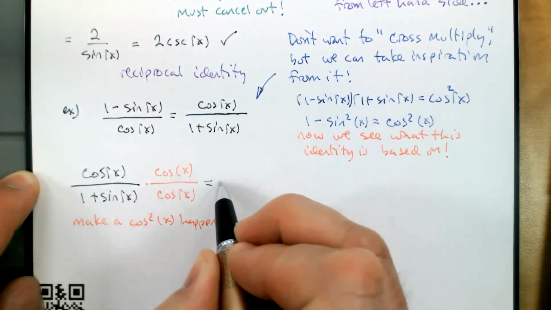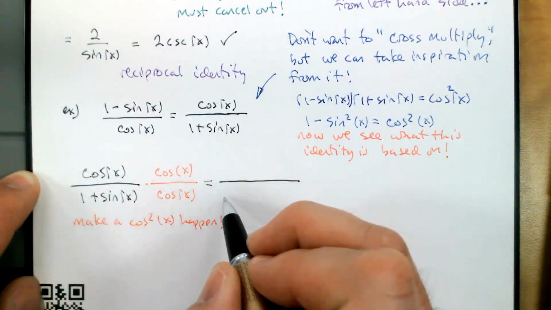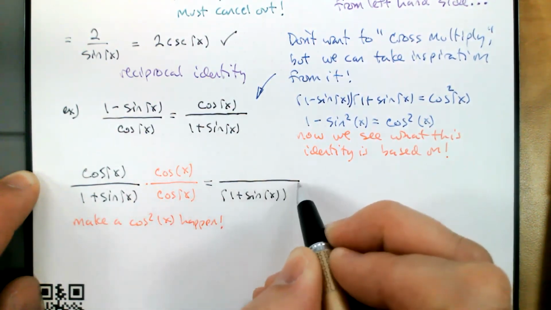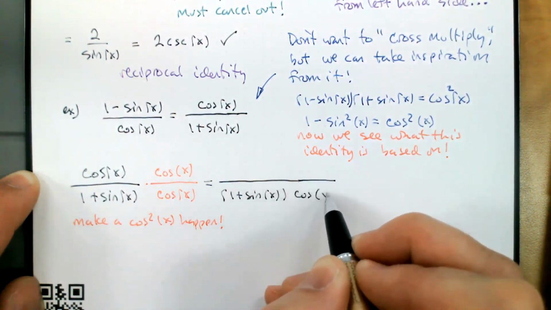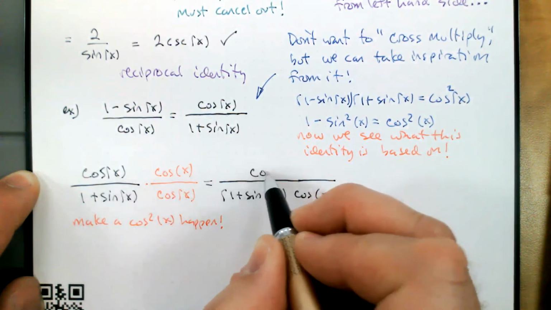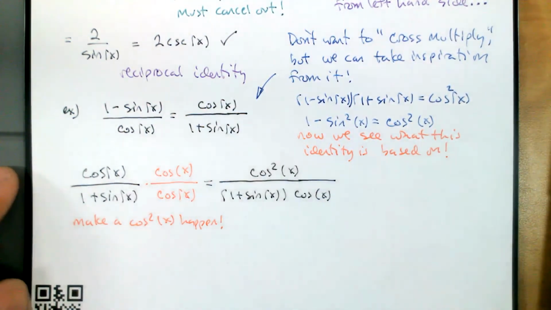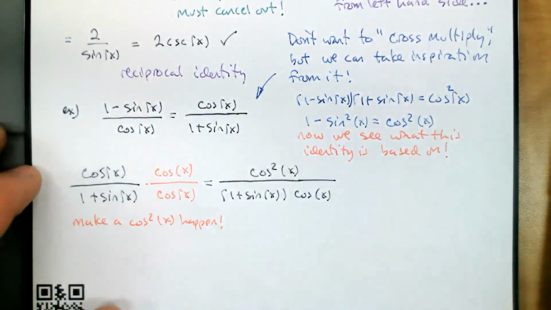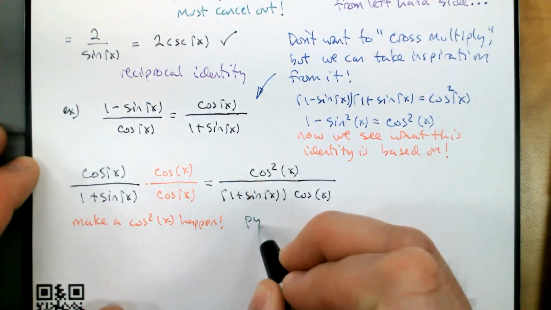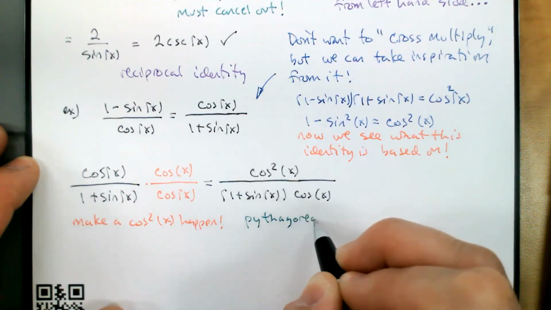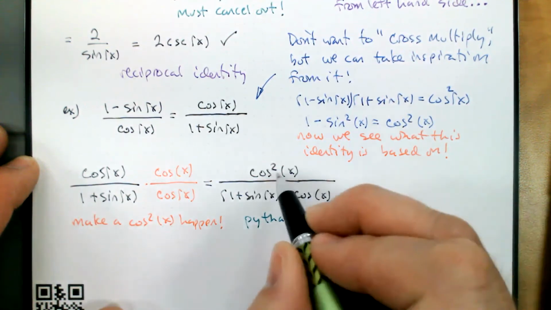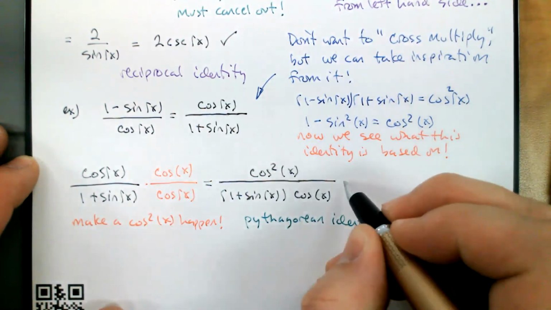So when we multiply this, our denominator is just kind of unsatisfying, 1 plus sine x times cosine x, but our numerator is cosine squared x. Now I'm going to replace the cosine squared with the Pythagorean identity: cosine squared is 1 minus sine squared.